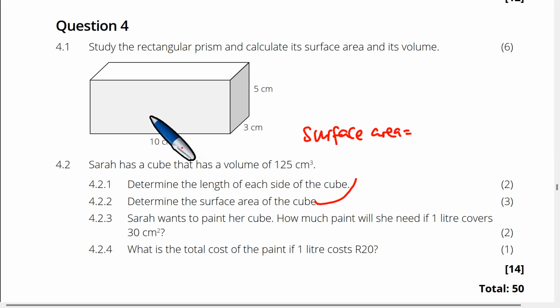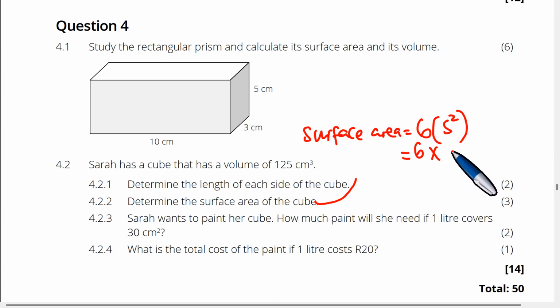How many faces does a cube have? All the sides are equal in a cube. So you have 6 faces, and each one is side squared. So you have 6 times side squared.